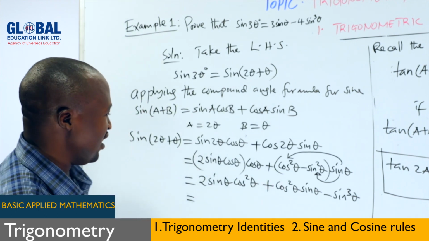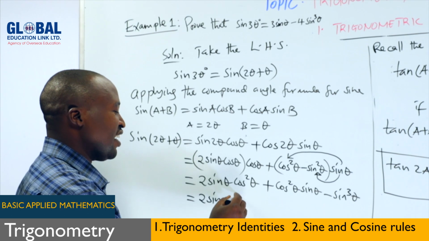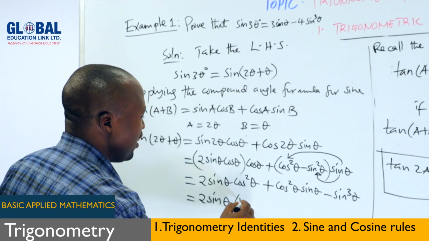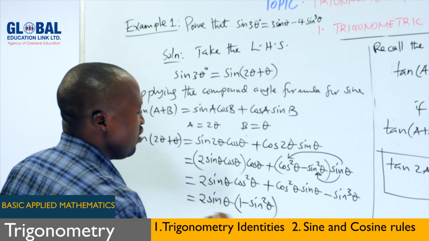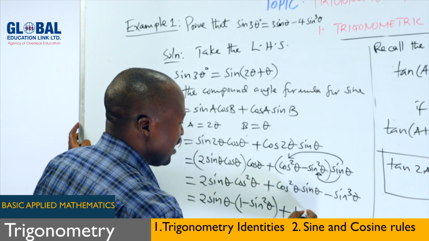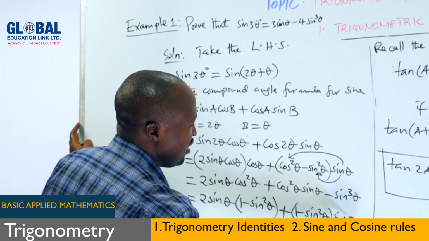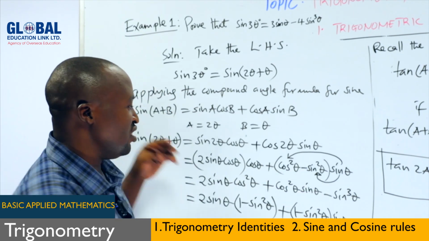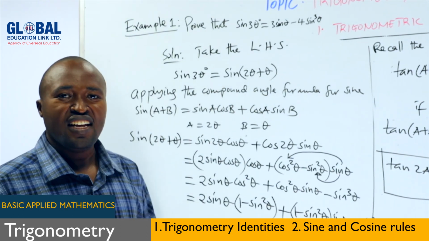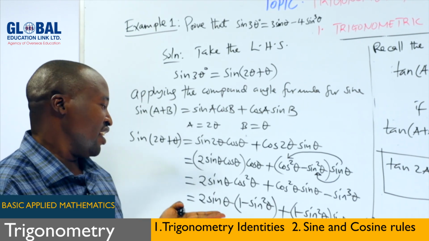That is 2 sine theta bracket of, remember the value for cos squared theta, which is equal to 1 minus sin squared theta, plus, again, remember for cosine squared theta, that is 1 minus sin squared theta, bracket of sin theta, minus the last trigonometric ratio we have, sin cubic theta.